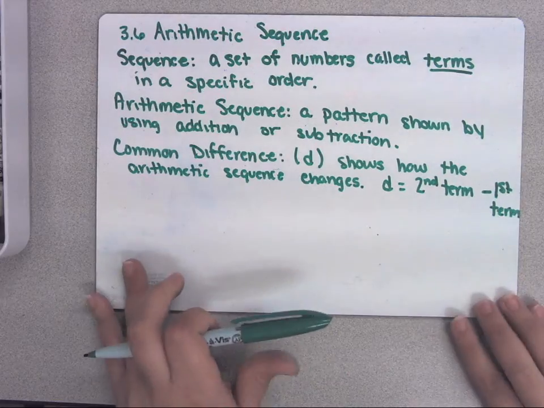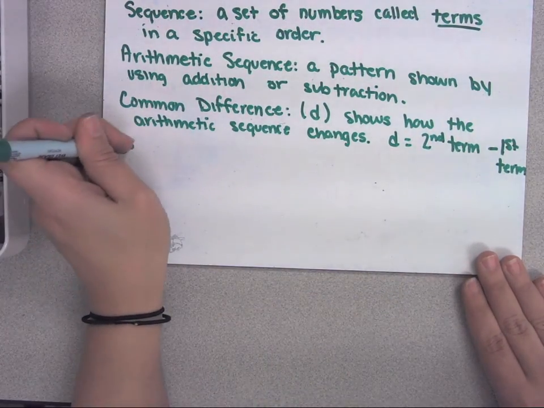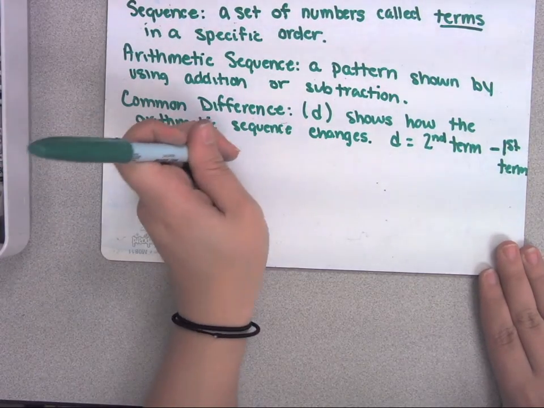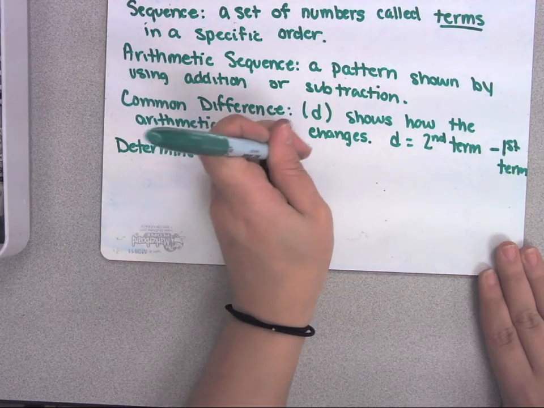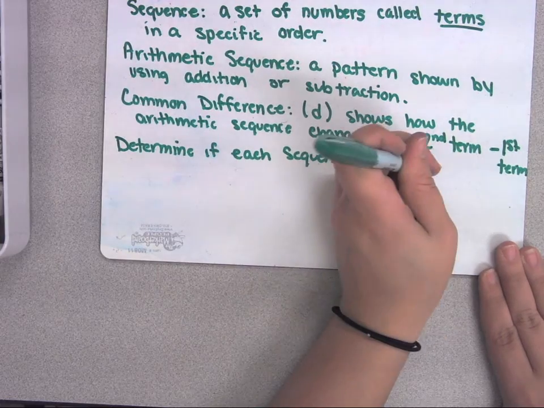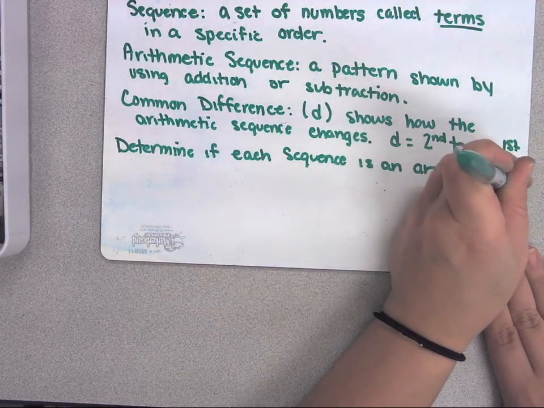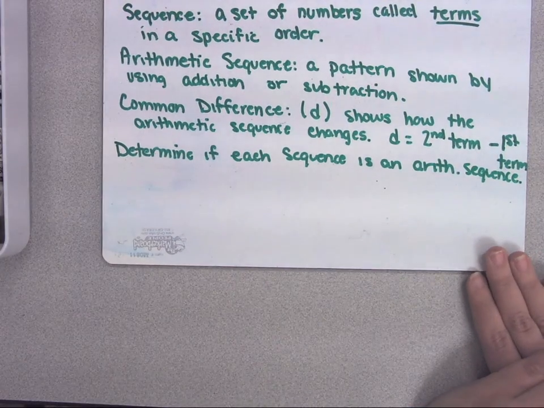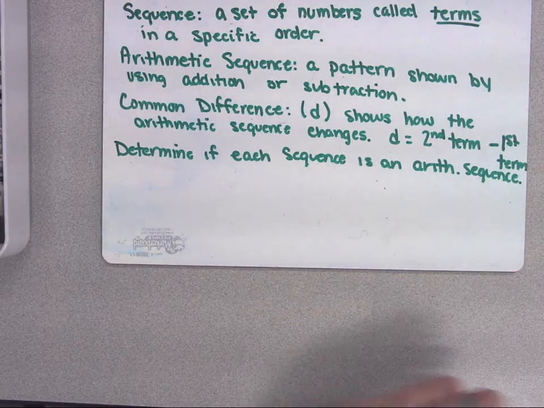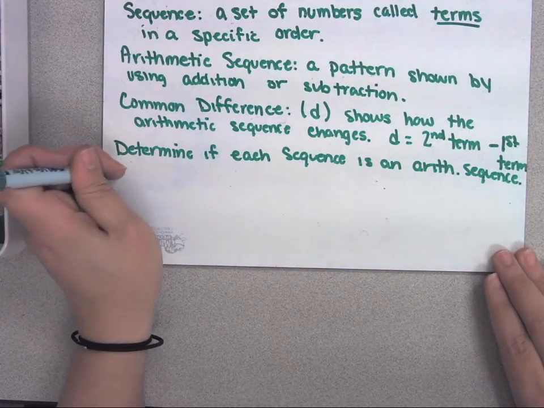The first part of your homework says determine if each sequence is an arithmetic sequence. They're all sequences, but we need to know if they're the right kind. And I'll show you how.